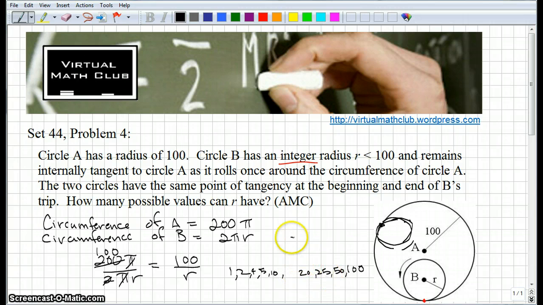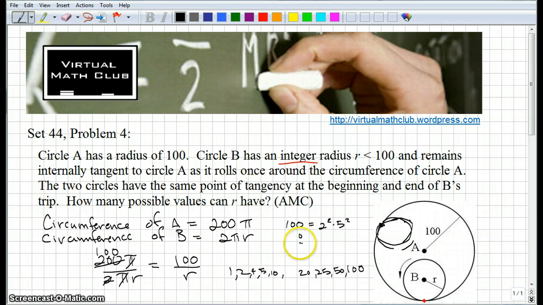We can make sure that we have all the factors by looking at the prime factorization of 100. So 100 is just 10 times 10, which is 5 times 2 times 5 times 2. So it ends up being 2 squared times 5 squared, right? That's the prime factorization of 100. If we wanted to know how many factors there are of 100, we have essentially 3 choices for the power of 2.